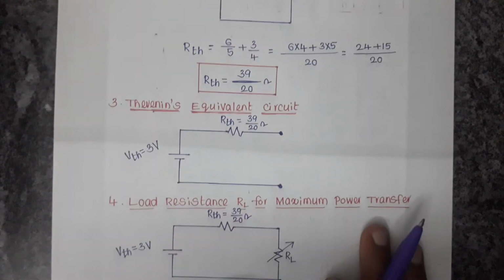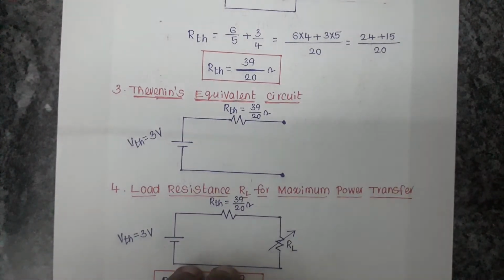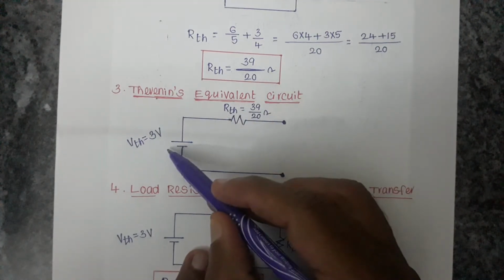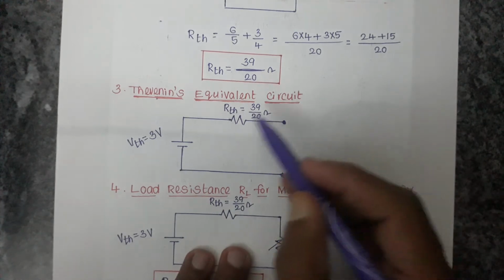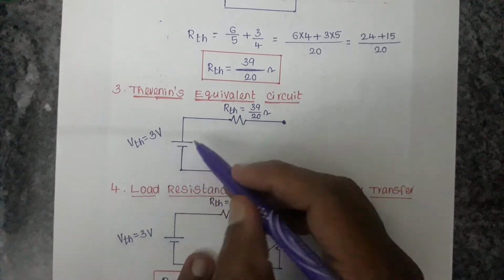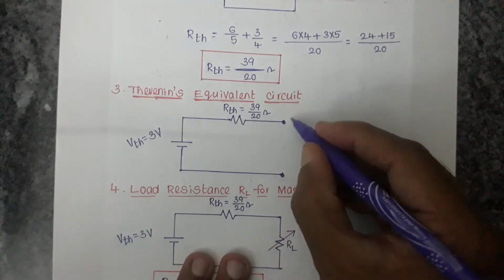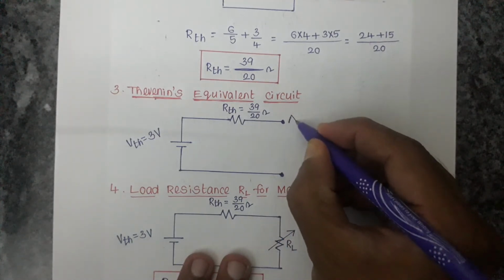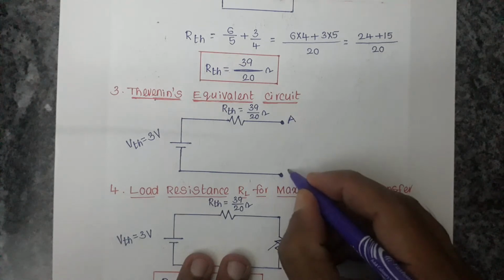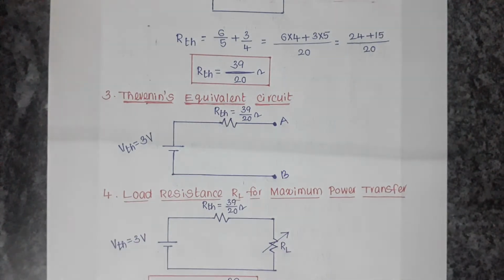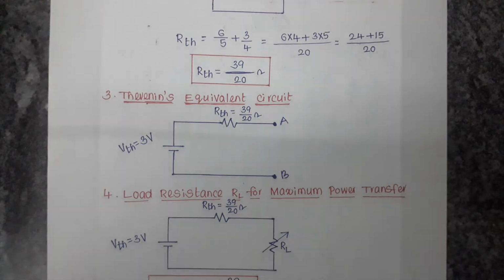In step 3, we have to get Thevenin's equivalent circuit. Connecting RTH in series with VTH gives Thevenin's equivalent circuit. Here VTH is 3 volts and RTH is 39 by 20 ohms, and you can take this as A and this as B, because we are finding this Thevenin's equivalent circuit between the AB nodes.